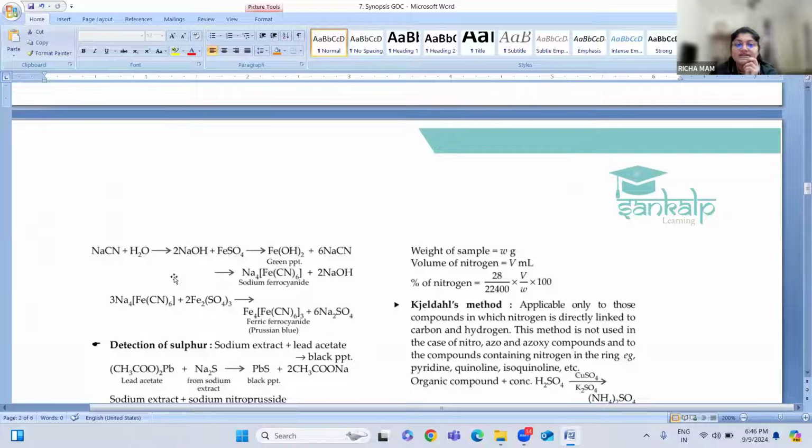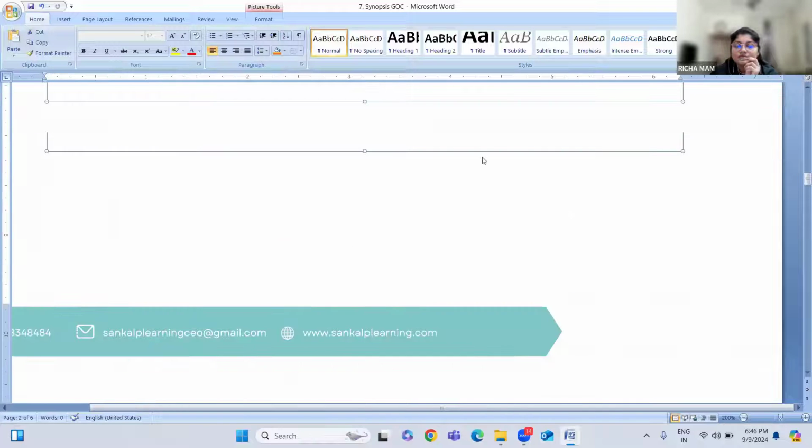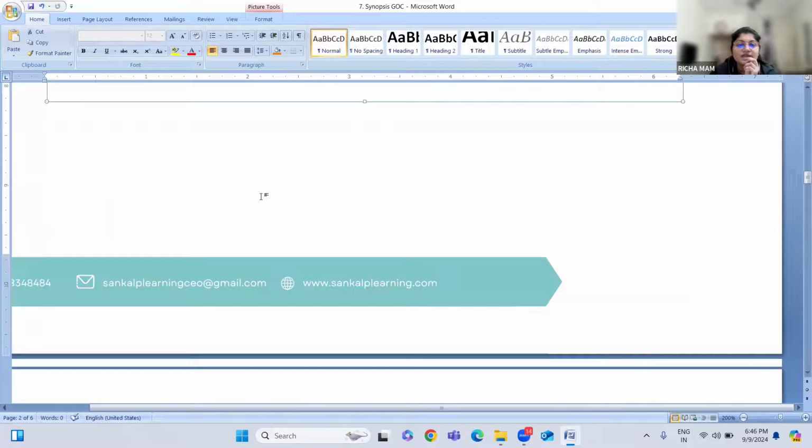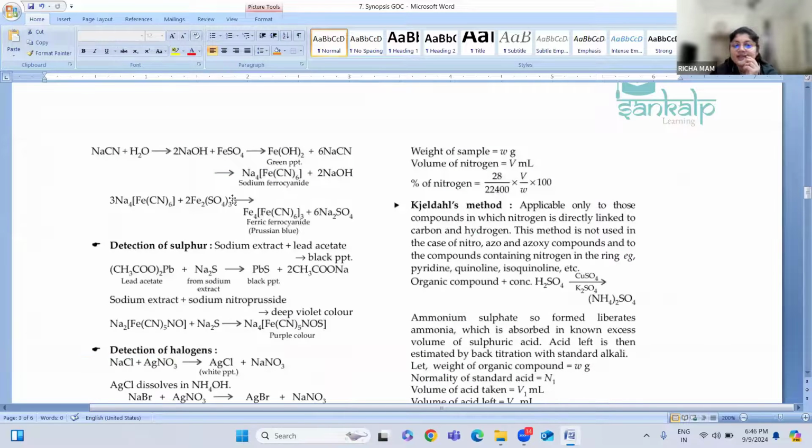Now these are the tests, go through them. Sodium cyanide, when it reacts with water, gives you NaOH. FeSO4 gives you a green color precipitate, that is ferrous hydroxide, plus NaCN.